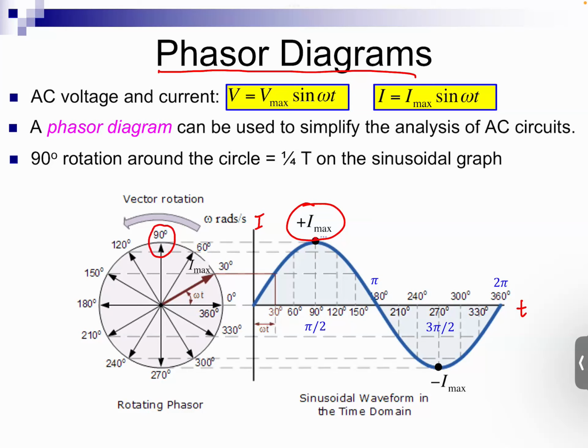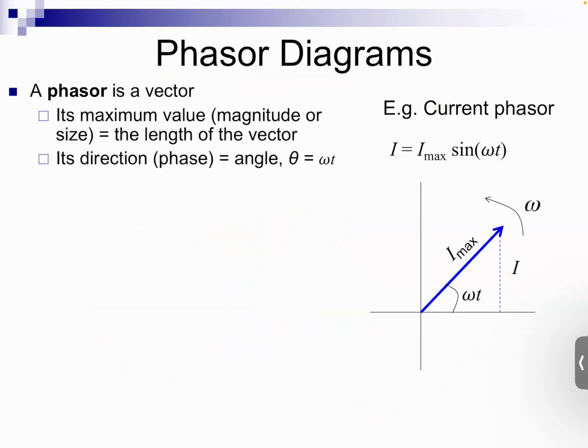For example, this I_max value can be related to this arrow that has rotated 90 degrees relative to the 0 degree origin. So we will be using phasor diagrams, but I will be showing the sinusoidal graphs as well in order to relate those two.